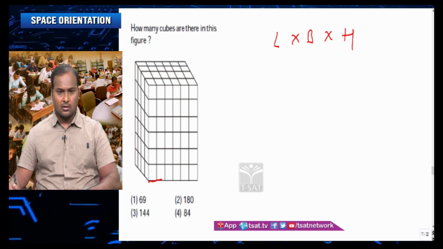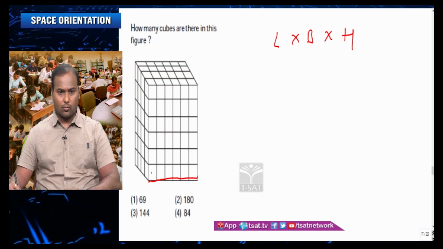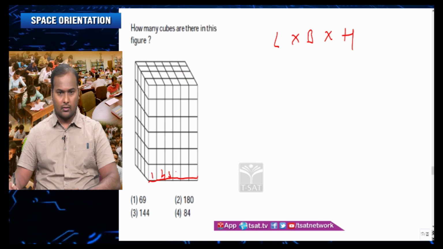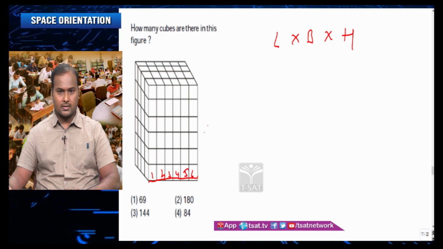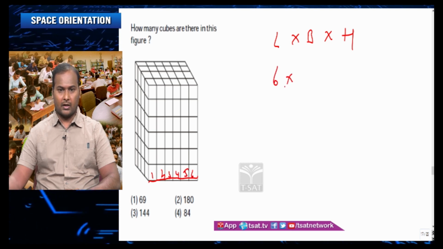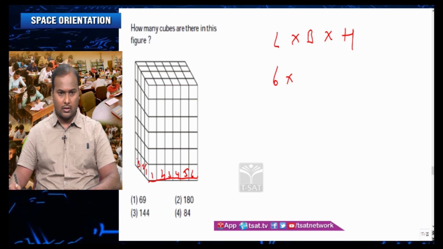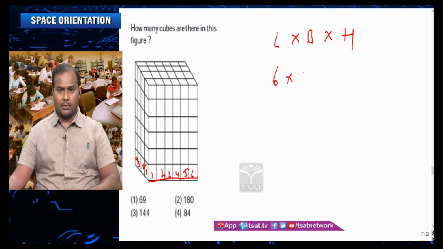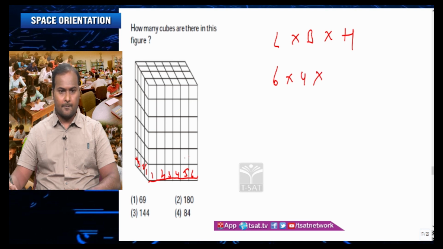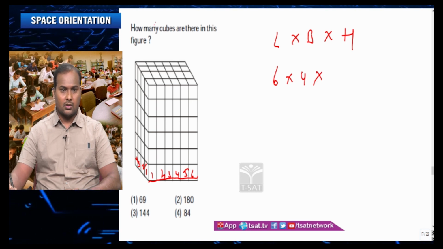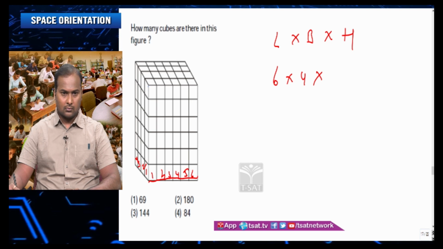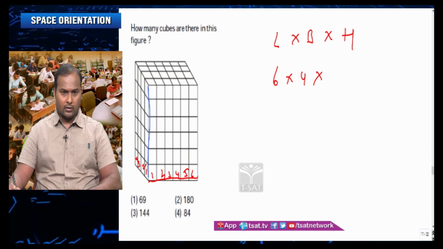So imagine this is the length. So here 1, 2, 3, 4, 5, 6. So 6 multiplied by breadth, 1, 2, 3, 4. So you multiply by 4. Multiplied by height. You take any height. If you take height, imagine this blue line, you take this height.